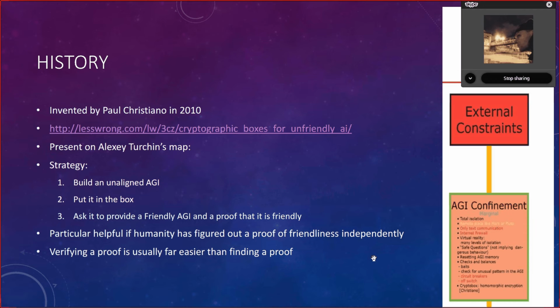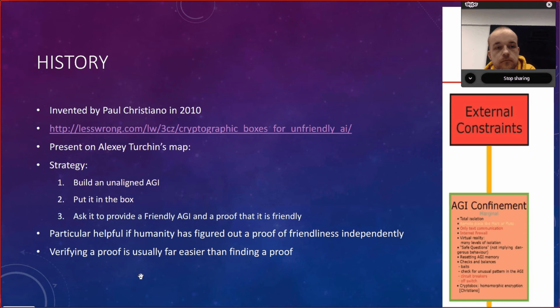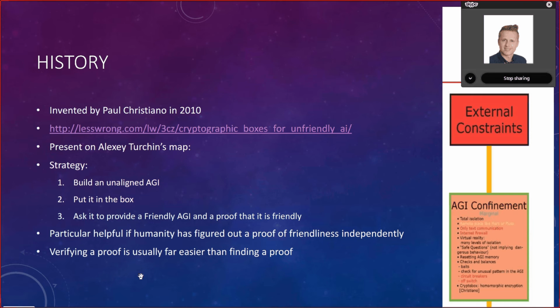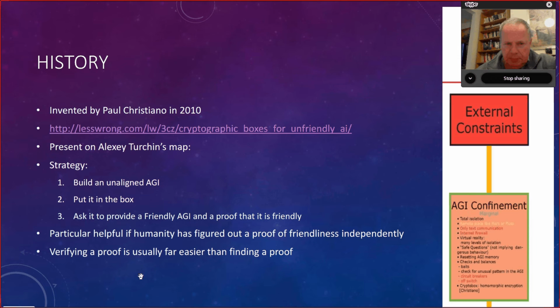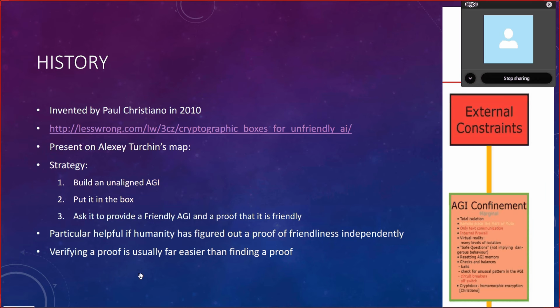So why would you want to build an AI into a box? What is the goal of doing that? The general AI boxing strategy is that you build an AGI that's capable of self-improving, and then you don't turn it on until it's inside some kind of box, and then you ask this possibly unfriendly, possibly unaligned, possibly friendly AGI, you try, of course, to make it friendly, and ask it to provide not just the source code for a friendly AGI, but supply a proof that it is friendly.